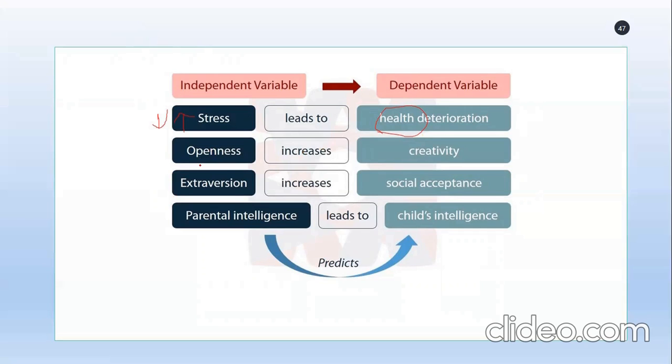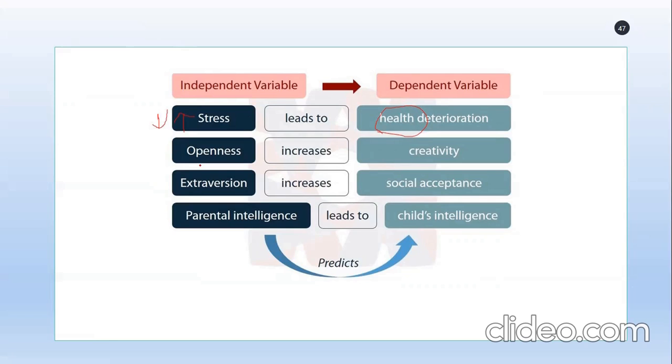Parental intelligence leads to child intelligence. So definitely the growth in parental intelligence leads to child intelligence. Obviously you need to get the research done and prove it, but you need to identify which are the independent variables and which are the dependent variables, which can be manipulated, which can be controlled, which can show you the result or the effect.